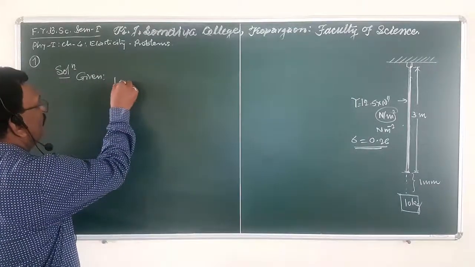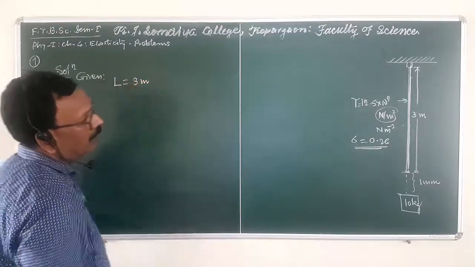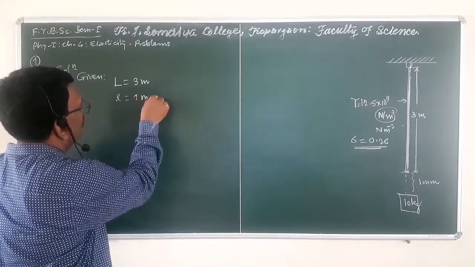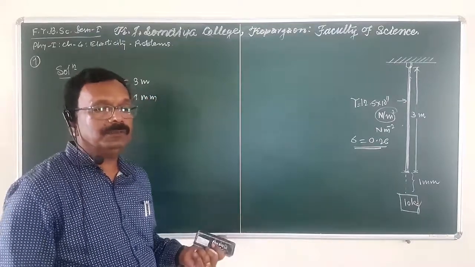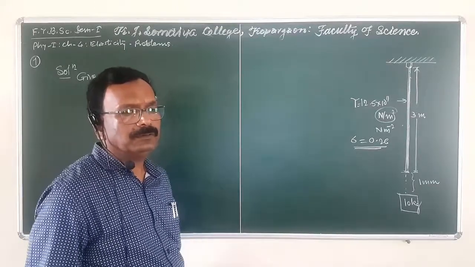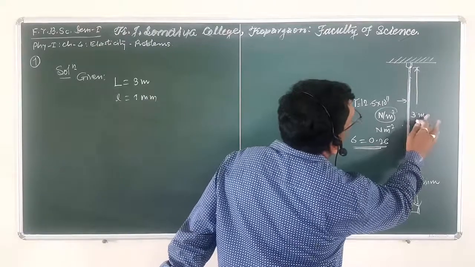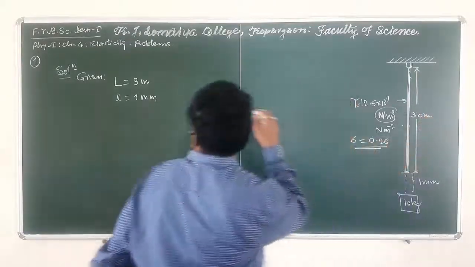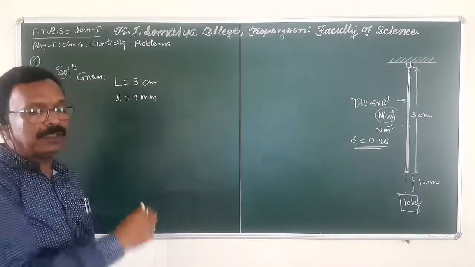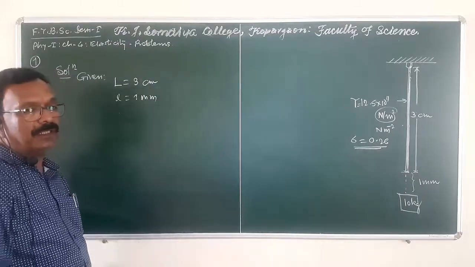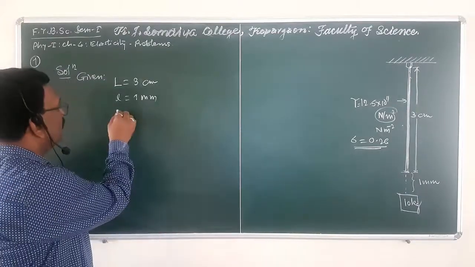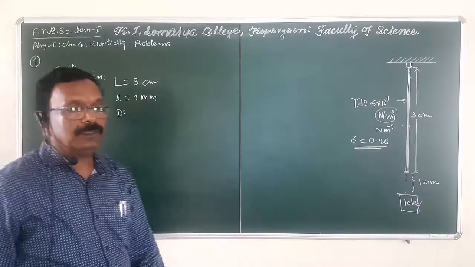So, given again L is equal to 3 meter. Then change in length is nothing but 1 millimeter. Convert this, just a minute. This is 3 centimeter. Then next quantity given in the problem is diameter, and diameter of the wire is 1 millimeter.